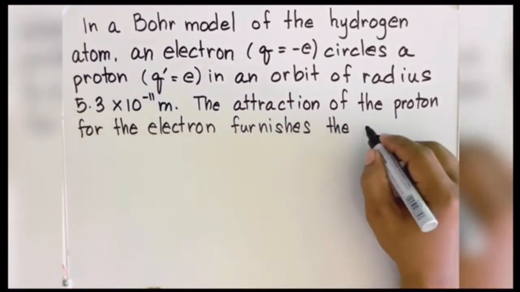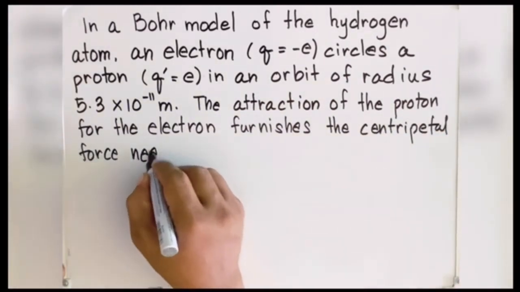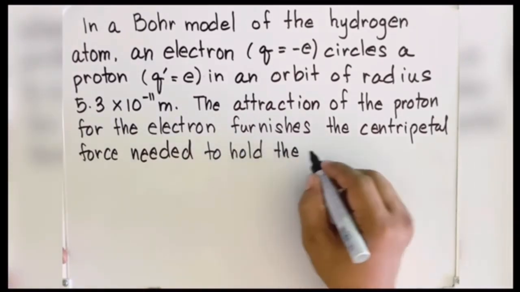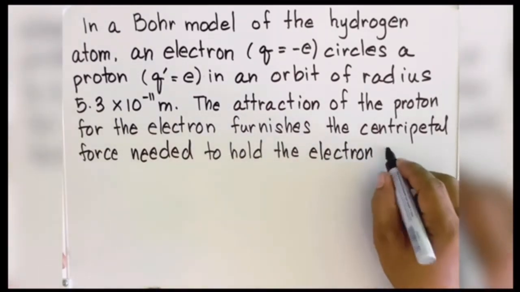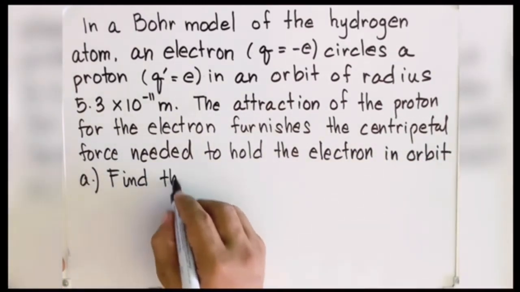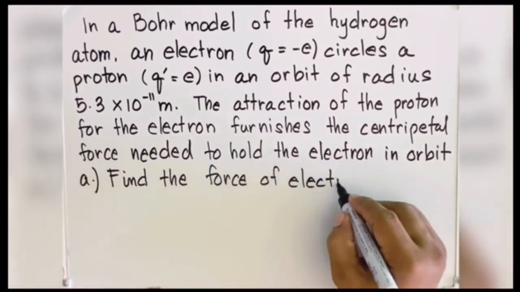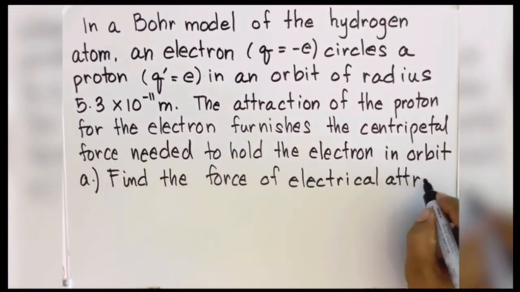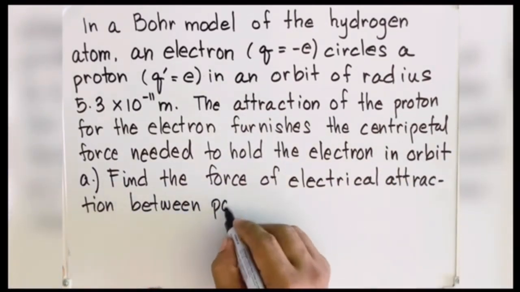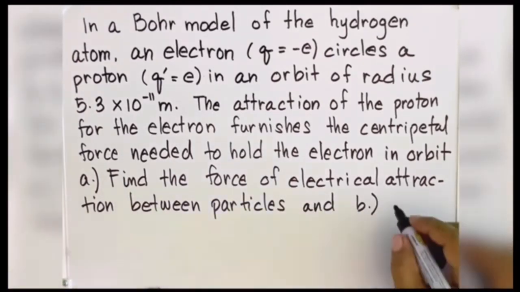will produce a value that is equivalent to a centripetal force, and a centripetal force is the one that holds a spinning electron in an orbit. So what will be the force of the electrical attraction between the electron and the proton, or another way of saying, the particles?